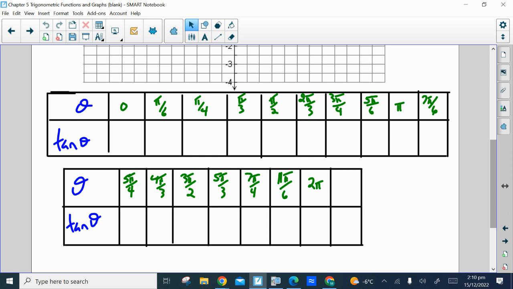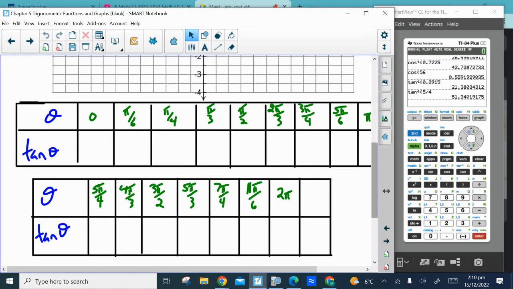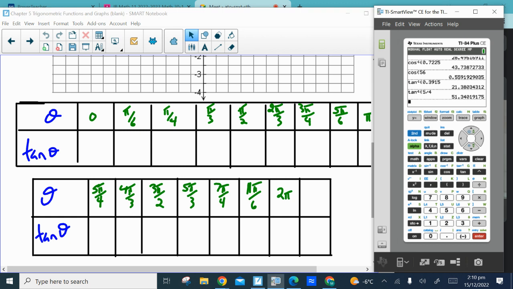Now the table of values is set up between 0 and 2 pi, but the tangent graph is periodic, so there is a period. It just looks different than the graph of sine and cos. In this case, our theta values are in radians, so we're going to use our calculator to find the tangent of each of these angles. They have to be in radian mode.